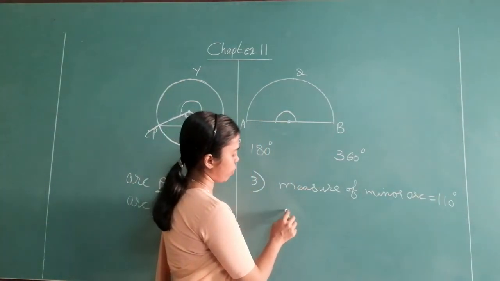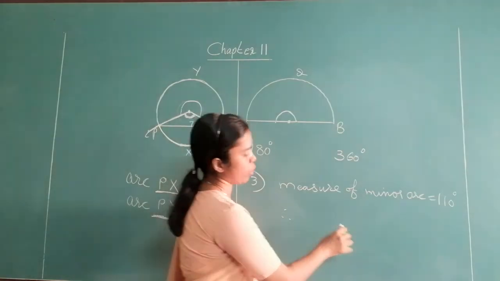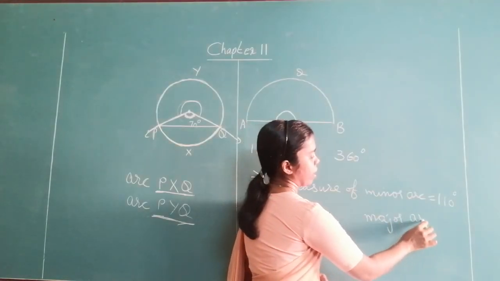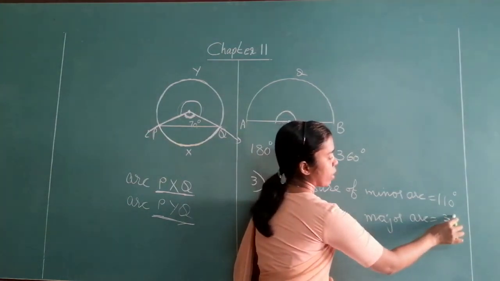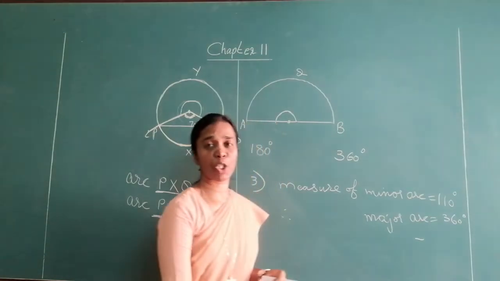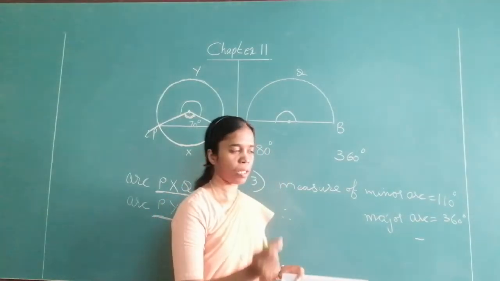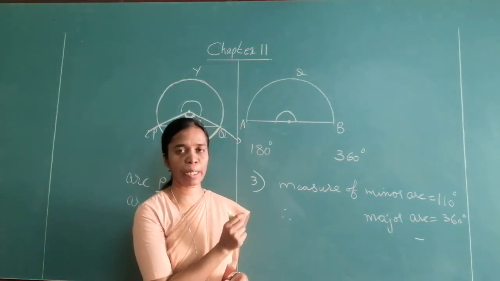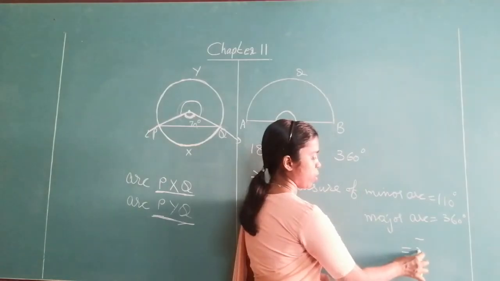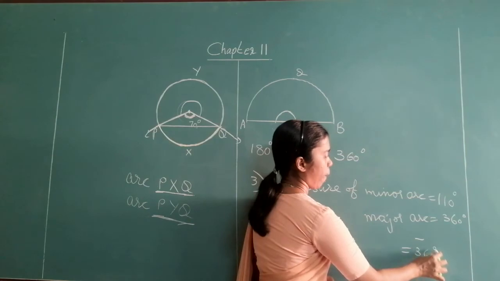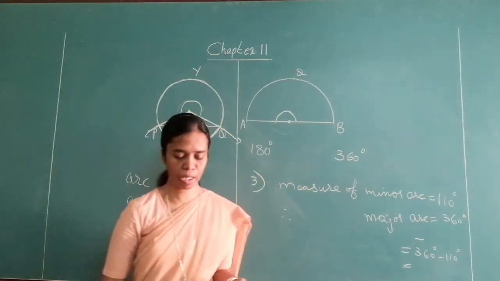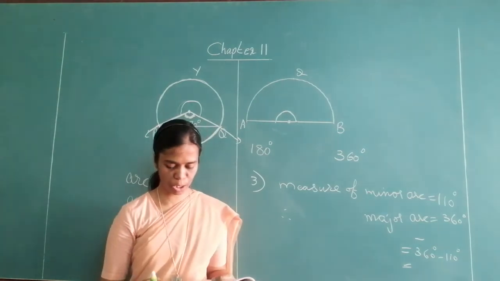The measure of, therefore, the measure of the major arc. Major arc is equal to 360 degrees minus the measure of the minor arc. That is equal to 360 degrees minus 110 degrees. Find out how much it is, and the unit will also be degrees.